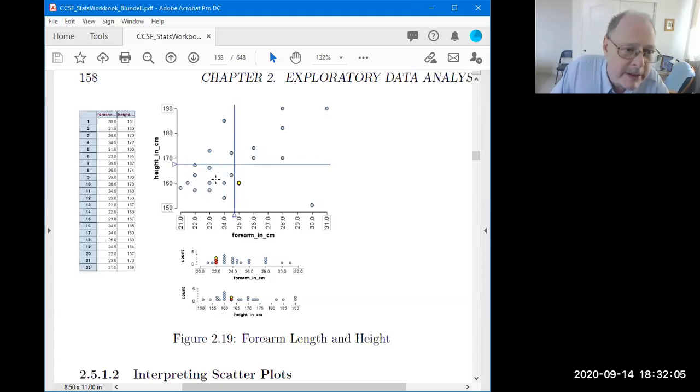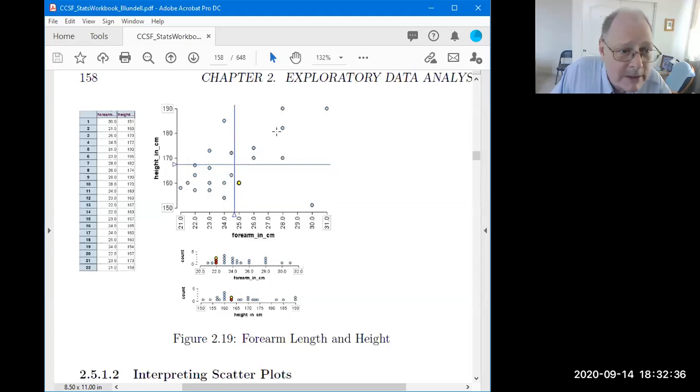It's sort of the points, there's more points here in this quadrant, below the mean of the forearm length and below the mean of the heights. Okay, to the left of the mean of the forearm lengths and below the mean of the heights, there's a lot of people.